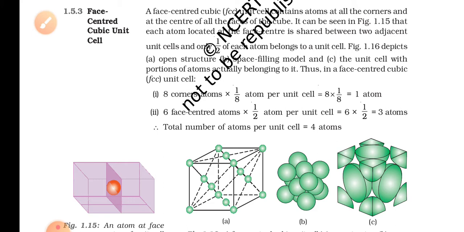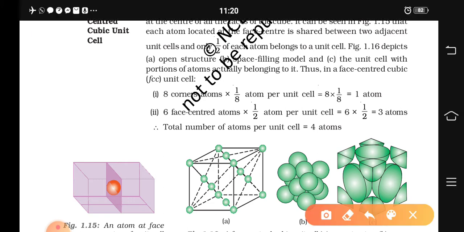As we have learned in our previous classes, an atom in the corner contributes 1/8 to a particular unit cell. So as you can see, there are 8 corner atoms.